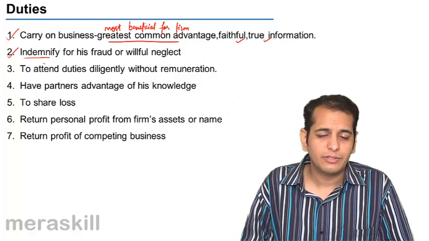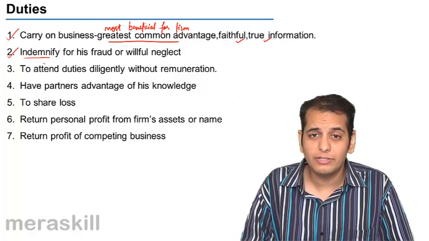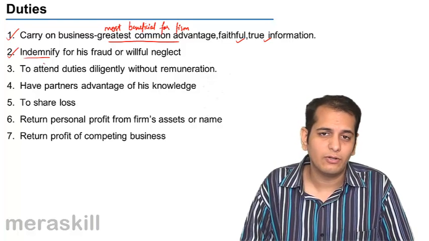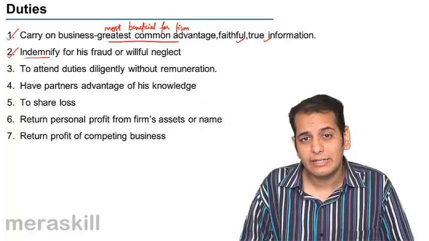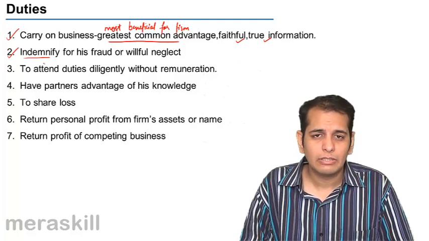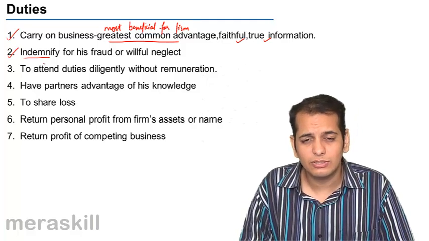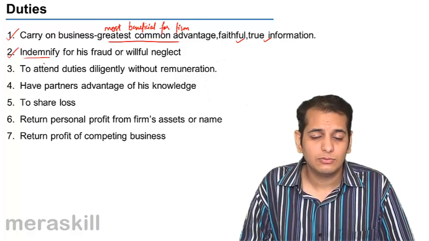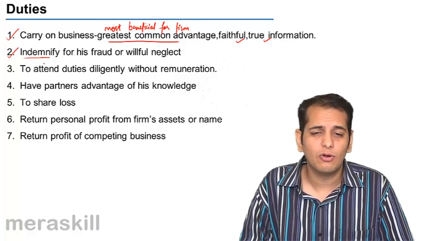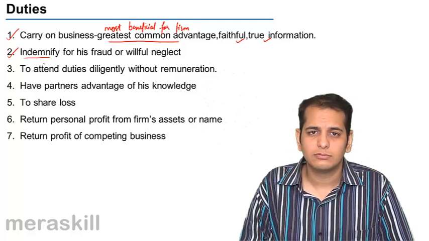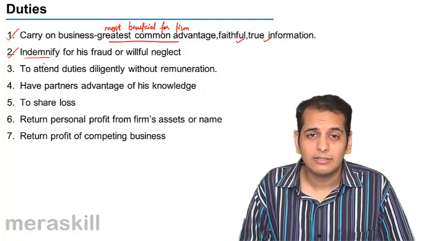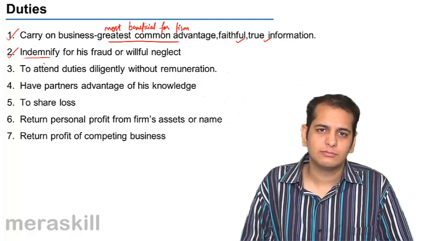ABC are three partners in the firm. The firm is in the business of selling cotton. Now the partner A liked a certain quality of cotton that he had gone to purchase. Now since he liked it a lot, he purchased that cotton.